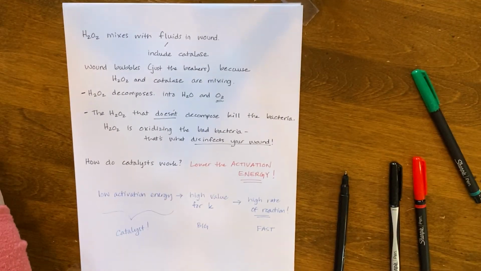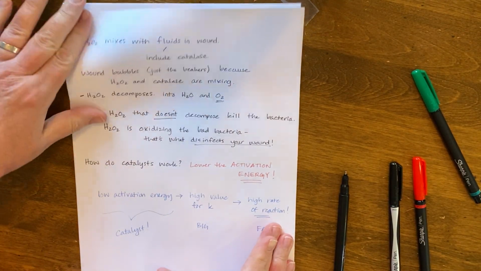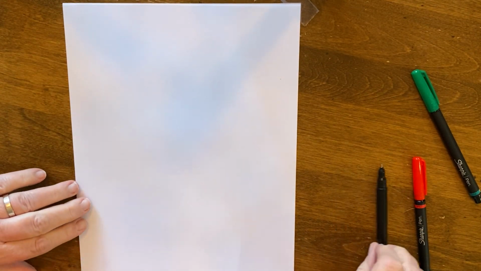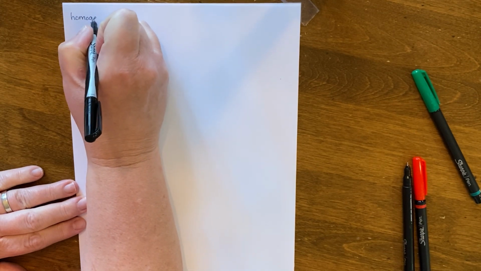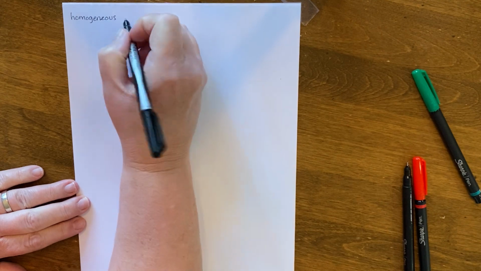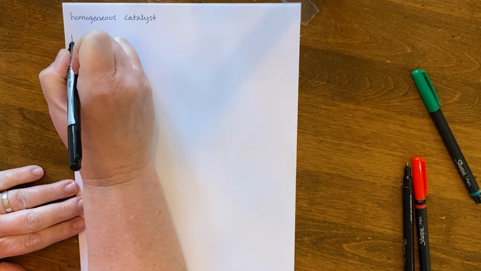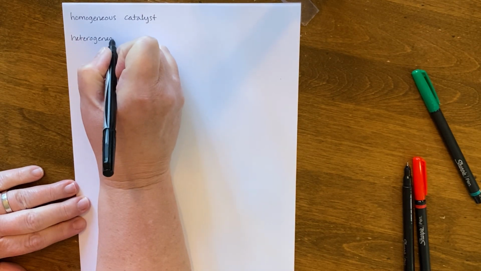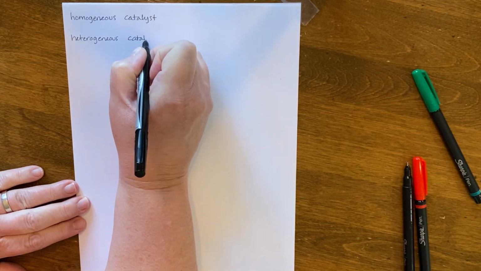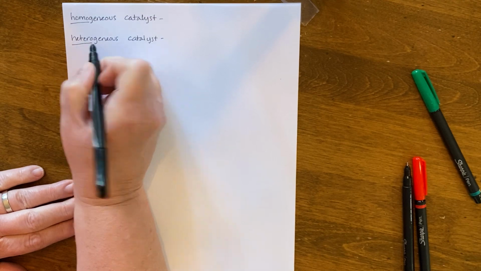Now there are two different catalysts that we are going to study, one in more depth than the other. So the two different catalysts are homogeneous catalysts and heterogeneous catalysts. And again, you know, homo means the same, hetero means different.